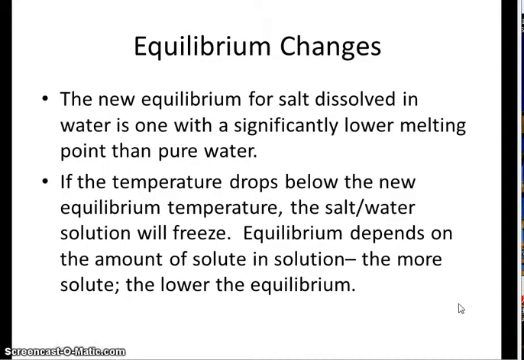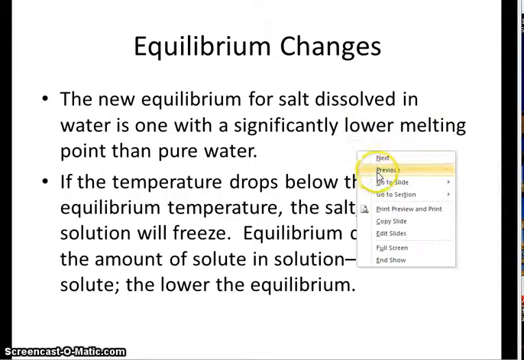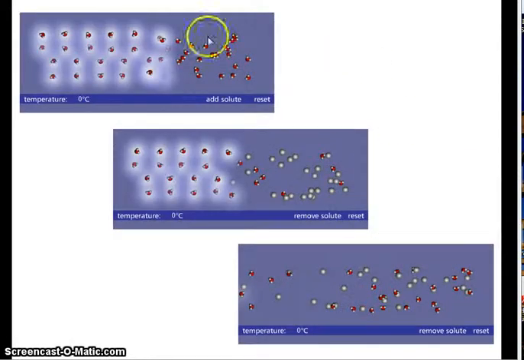Let me go back to the first slide here. This equilibrium that we see is not disrupted when we add the solute. Now, at 0 degrees Celsius, this solid water is disrupted. But let's say it's minus 30 degrees Fahrenheit, which is something that happens in Alaska and the northern United States, Montana, and the Dakotas.